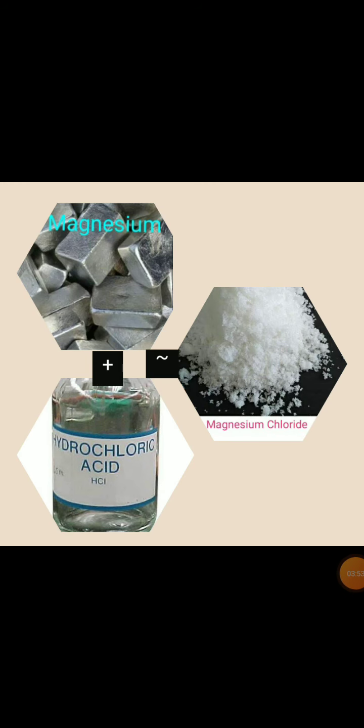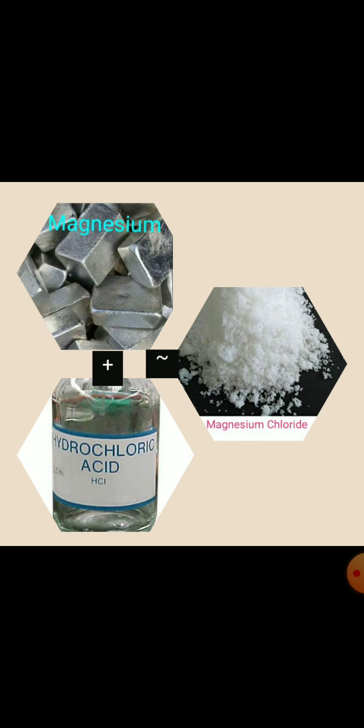If we take the example of magnesium, and we put a piece of magnesium into a test tube filled with dilute hydrochloric acid, it gives magnesium chloride and hydrogen gas is evolved.